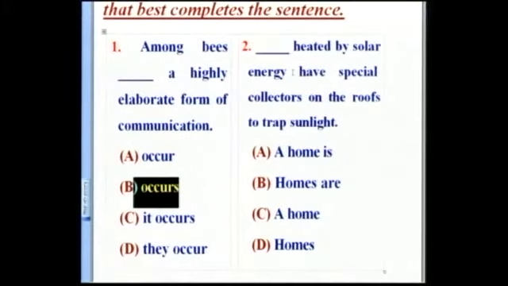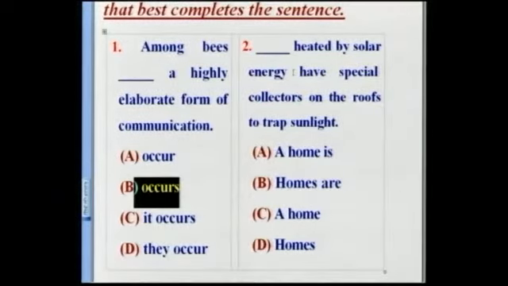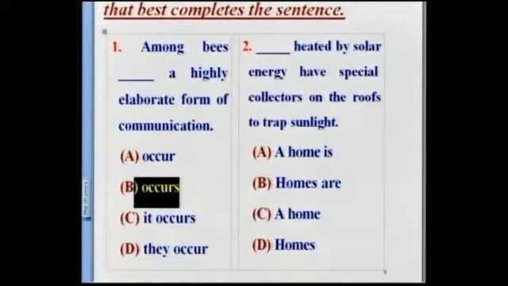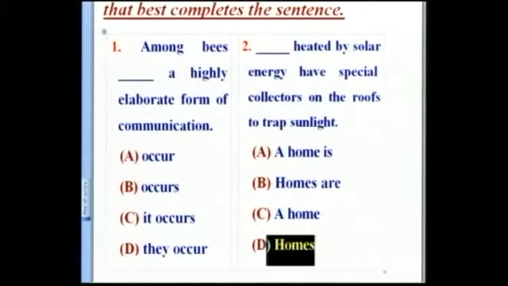A home، طيب ده noun, just one noun, a subject. A home heated by solar energy have، طيب هو في غلطة هنا لأن a home is singular and I need a plural subject for the plural verb have. يبقى عندي الاختيار الصح الوحيد اللي هو homes heated by solar energy have special collectors. Homes have collectors. That's the sentence. So D is correct.